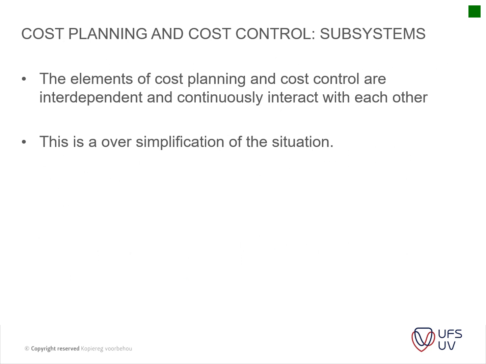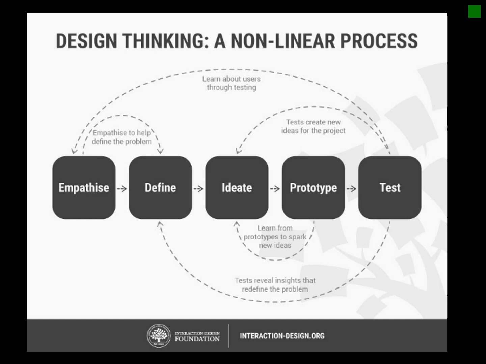Cost planning, cost control subsystems. The element of cost planning and cost control are interdependent and continuously attract each other. The other, this is a little bit of an oversimplification of the situation though. So then I just highlighted here how thinking is non-linear in process, you can just go through this.